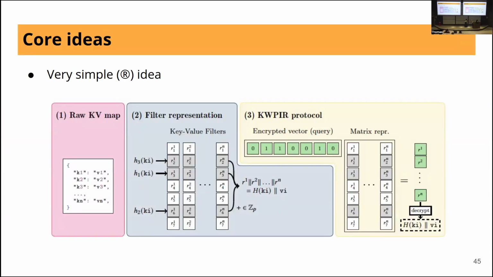You represent it as a filter, and then when you query, you send this long vector of zeros, except for the specific values that you're interested in in the filter. So you can arrive at keyword PIR that way, which is much easier to use in the practical world because then you can usually use it with keyword-based databases. The only problem here, again, is that we're assuming a fixed length for each one of the elements in the database, which is not great because JSON-like databases, for example, don't have that.